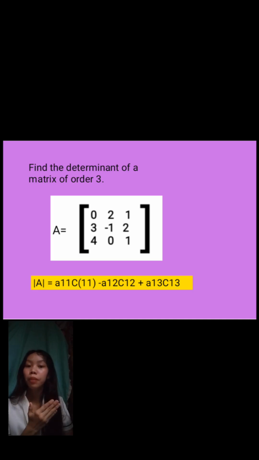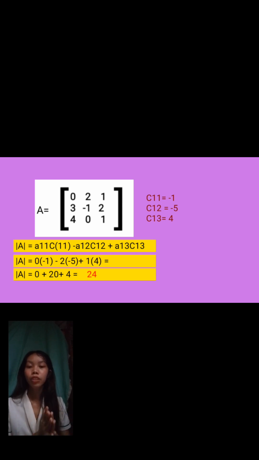Here we have the definition of the determinant of A, the two vertical bars surrounding the name, equals A11 times C11 minus A12 C12 plus A13 times C13. That's a simple, alternative way of solving the determinant by cofactors.